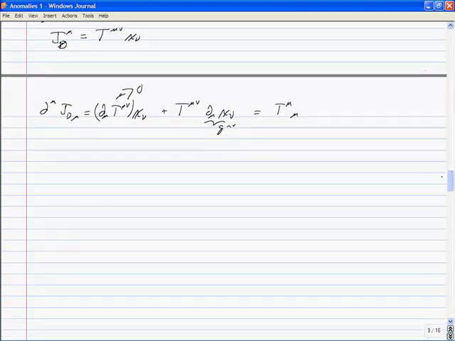Let's look at what the energy momentum tensor is. You construct the energy momentum tensor. T mu nu is the following. T mu nu is F mu nu minus a quarter g mu nu F lambda sigma.